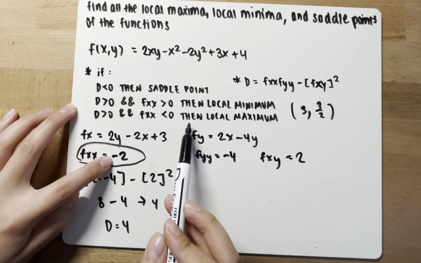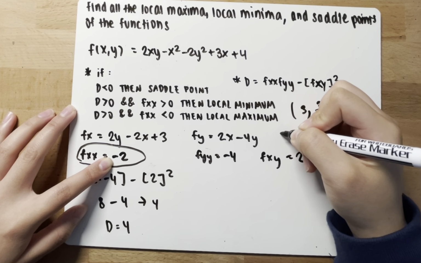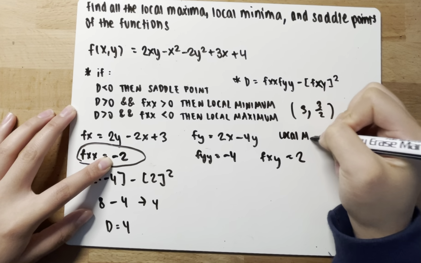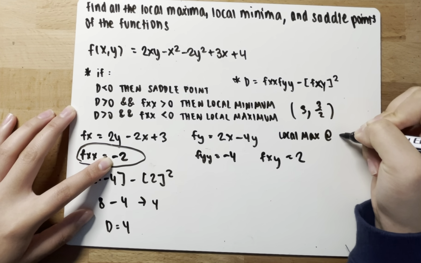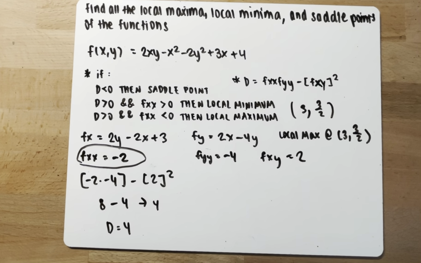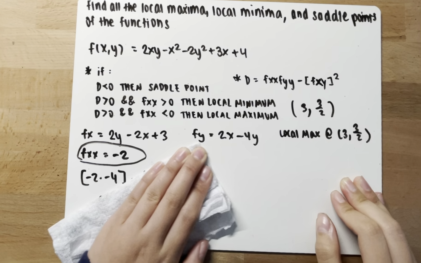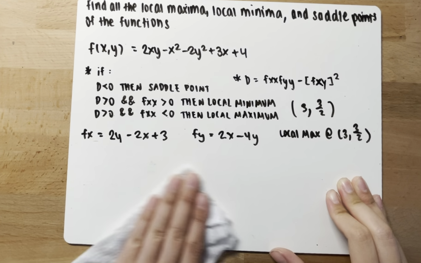So this fits the criteria. So you would have a local max at (3, 3/2).